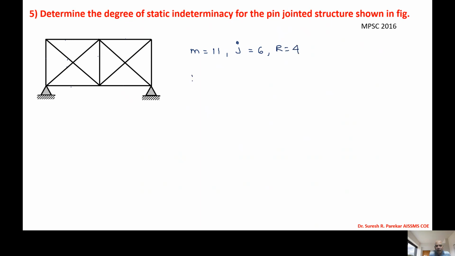So we have DS equal to m plus r minus 2j. And then m we have 11, r we have 4, minus j we have 6. So 15 minus 12, so we have 3. So for this DS is 3.